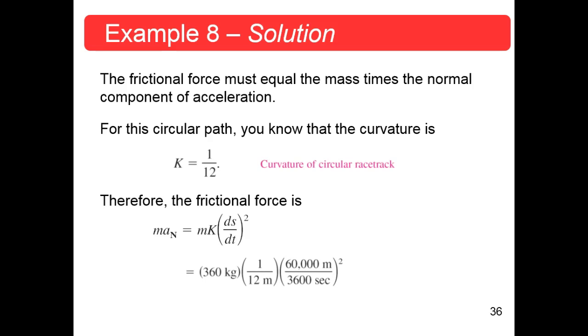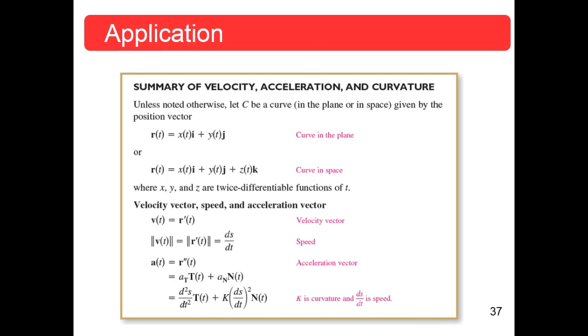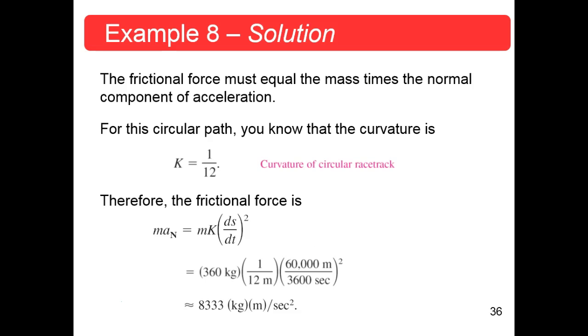And, yep, 360 kilograms times 1 over 12 times, they even were worse than me, 60,000 meters per 3,600 seconds squared. And they get about 8,333 kilogram meter per second squared, which is, by the way, a Newton. Okay. And I think that's where we were heading to. I just ran out of time.